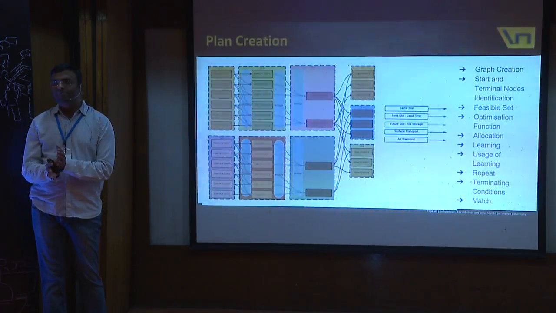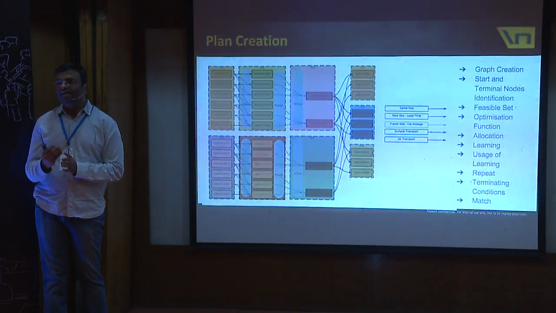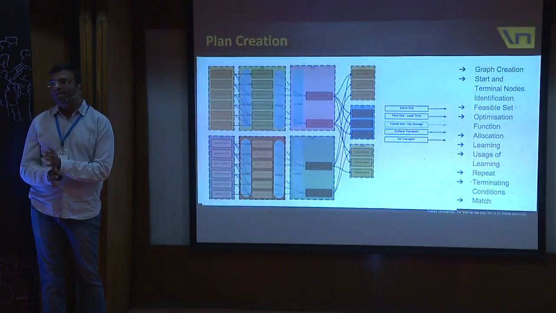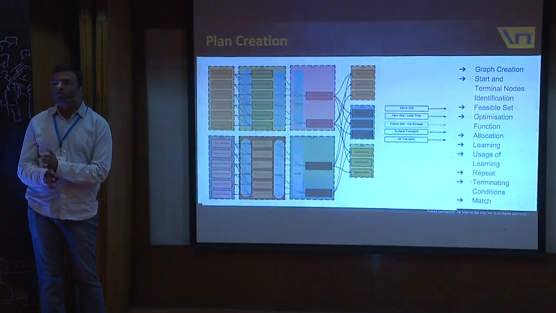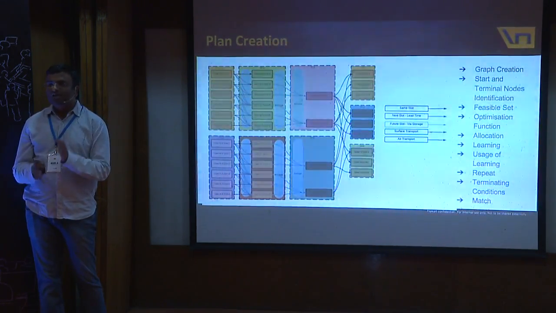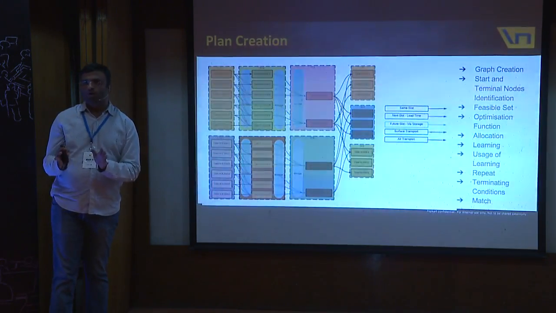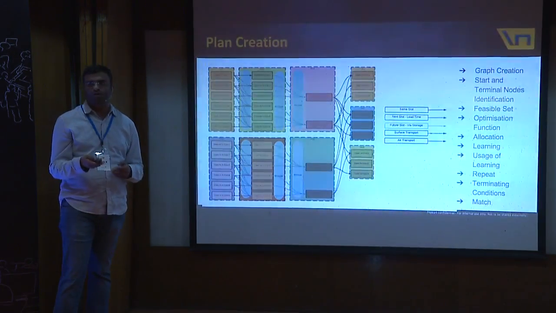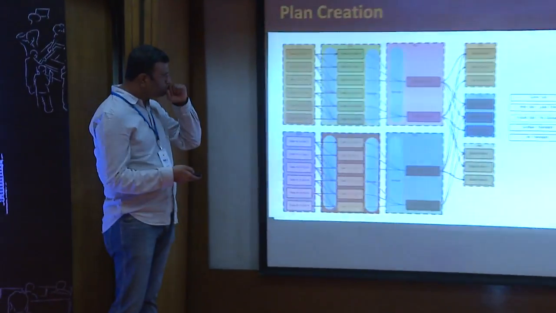At some point in time, your decisions will converge, in the sense that there will be one forward propagation cycle wherein you have neither allocated anything new nor learnt anything, which means that there is no scope for further improvement. So that becomes your plan. You can also take a time cut to the plan. I'll come to that later on, why you might have to take a time cut to the plan.